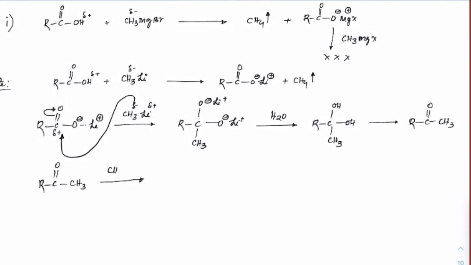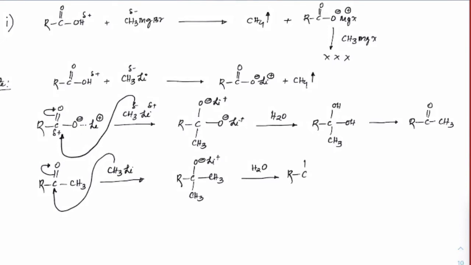So if I take one more mole of CH3Li, this CH3 minus will attack here. So we'll get RCO minus CH3 lithium plus, which with water will undergo hydrolysis to make R OH CH3 and CH3. This is what you will get.